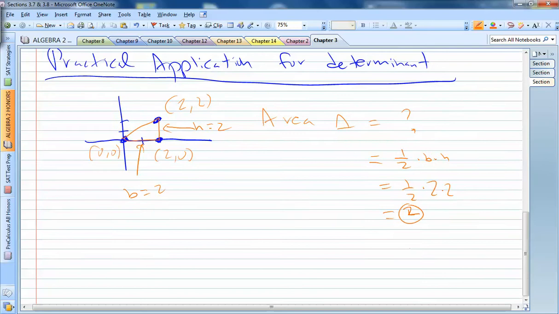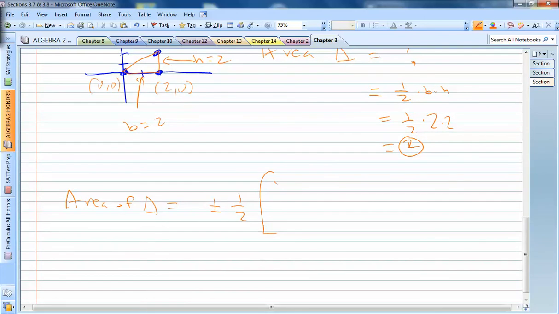Now how can I use a determinant? Well, area of a triangle can also be expressed like this. Plus or minus 1/2 x1, y1, x2, y2, x3, y3, and actually hold on one sec.